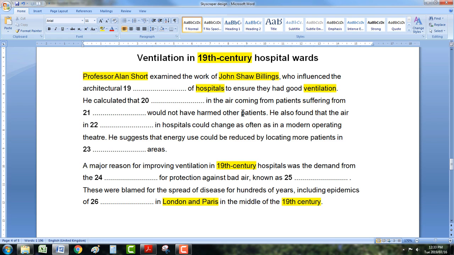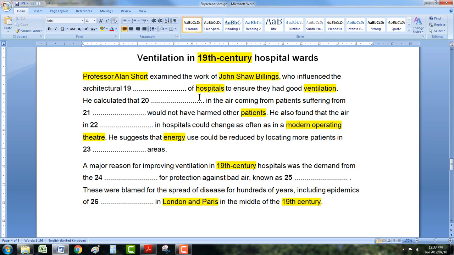Patients suffering from, patients and patients, maybe we can look for patients. Air, this is all about ventilation, so maybe not air. Modern operating theatre, that's a nice noun. Energy. More patients. So patients is everywhere. Areas, it's a bit general. They could paraphrase areas easily.